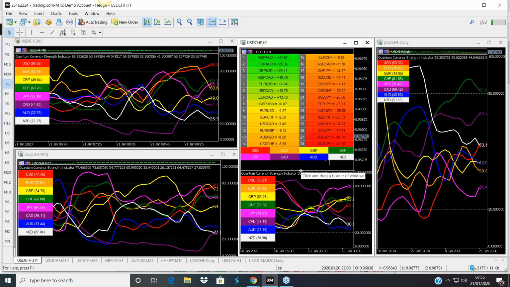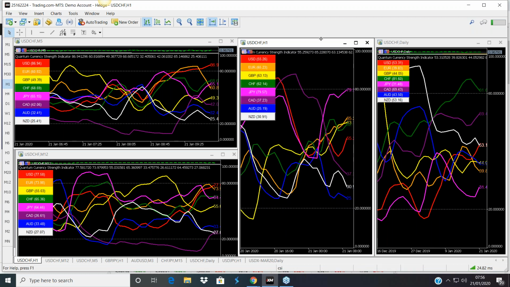David and I have developed very specialist indicators to help us make sense of what is going on in the currency markets without having to look at 28 charts in all the different time frames. Here we have our currency strength indicator, which disassembles the market into the individual currencies. We can see this magenta line, which is yen, has been bought quite strongly in the Asia session.